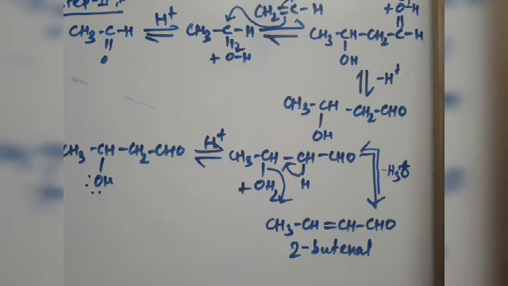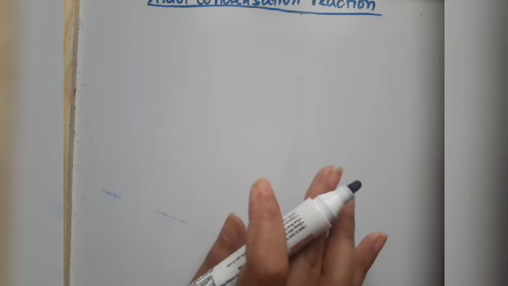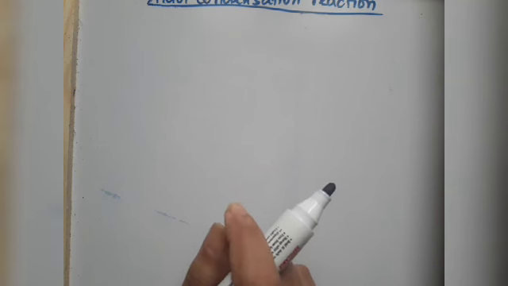Now suppose two different aldehydes or two different ketones, or an aldehyde and a ketone having alpha hydrogen atoms can participate in aldol condensation reaction in the presence of a basic catalyst. Then aldol condensation reaction of this type is known as crossed aldol condensation reaction.